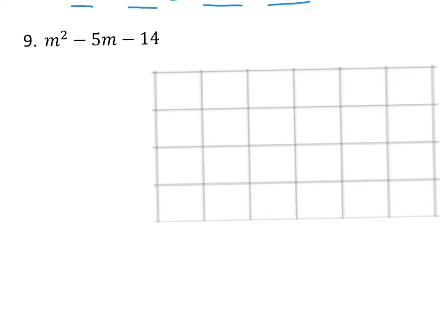And we know that the trinomial we're trying to factor used to actually be 4 factors, but the negative 5m is the combination of the 2 factors that lived in these 2 boxes.